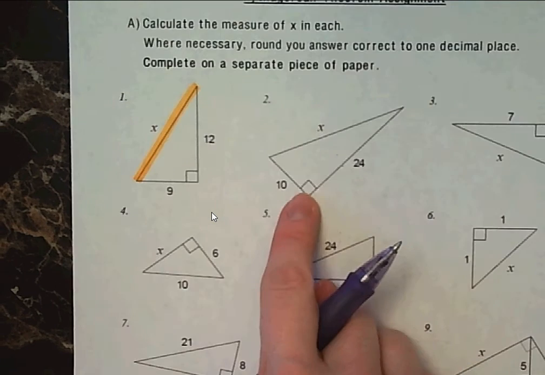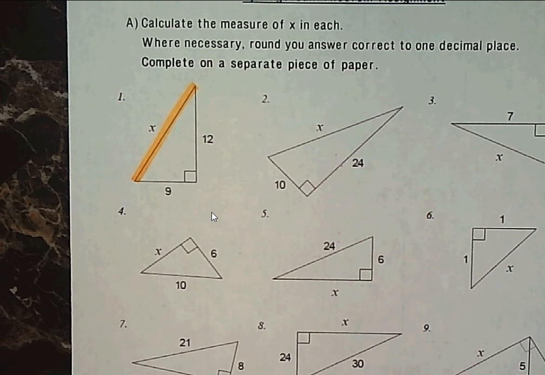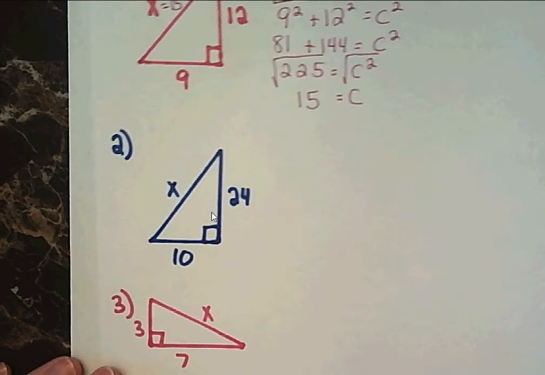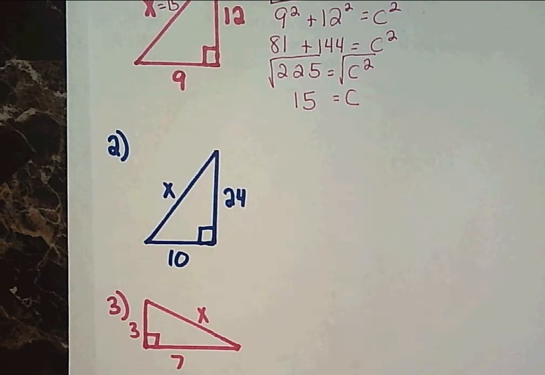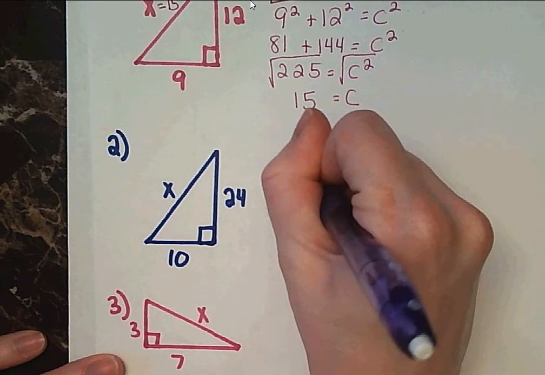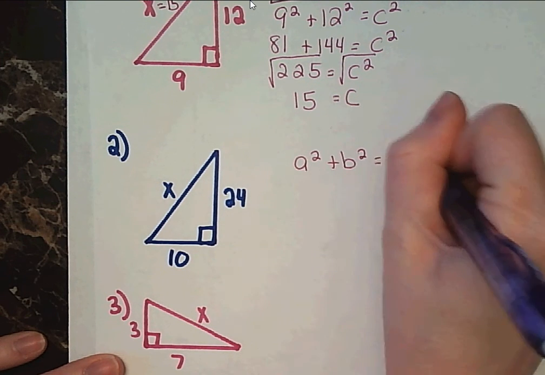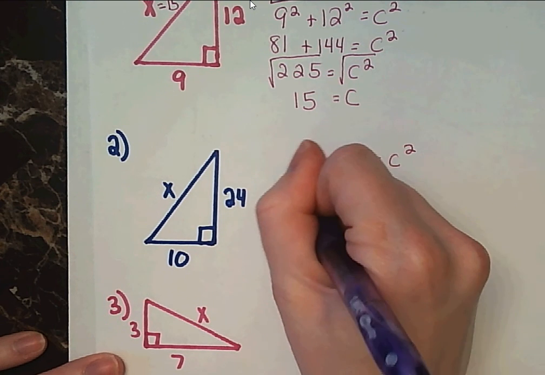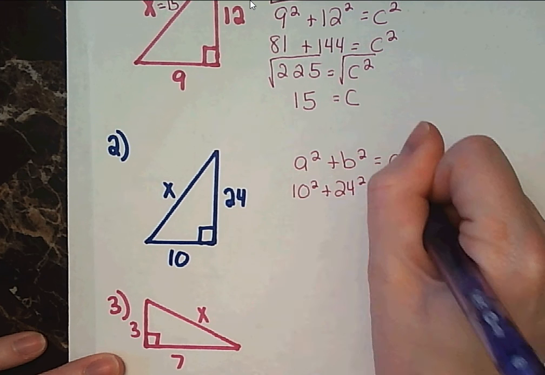So number two looks like this. Okay, so I redrew number two for you, so it's a little different. You can see it there. So let's see if we can solve that. Once again, we can use a squared plus b squared equals c squared. So we should have 10 squared plus 24 squared equals c squared.